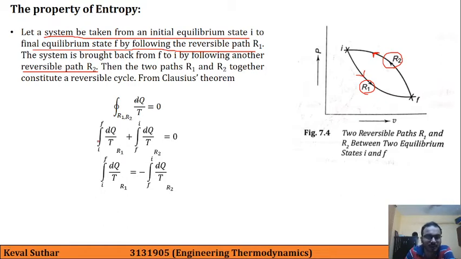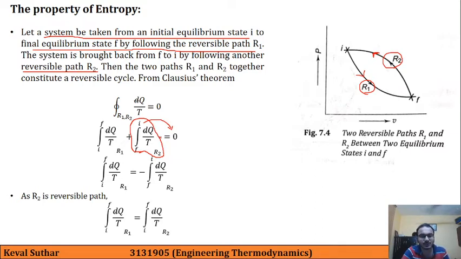We can also write it this way, where we have taken this term on the right hand side, and as R2 is a reversible path, we can write it in this way.